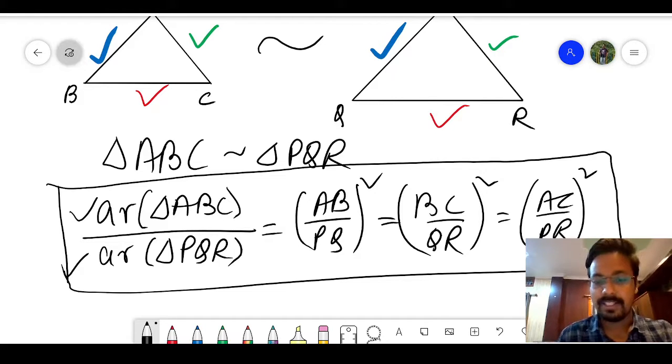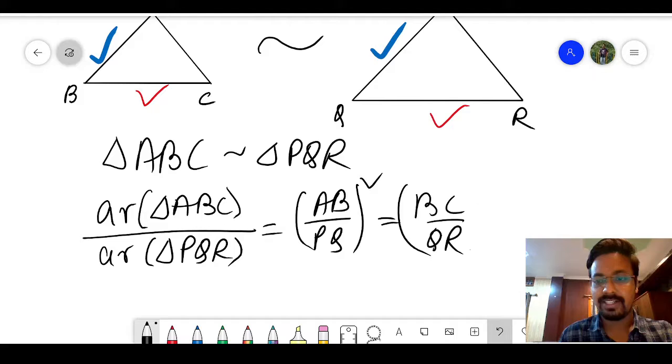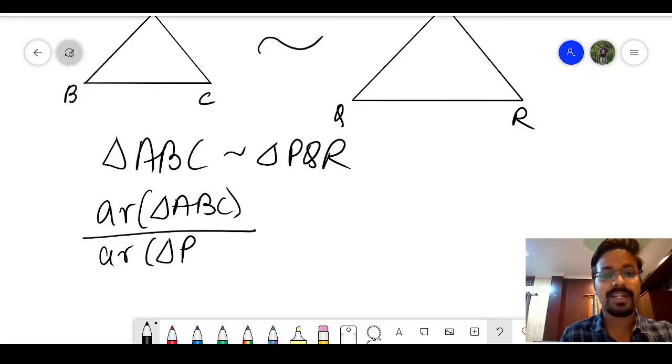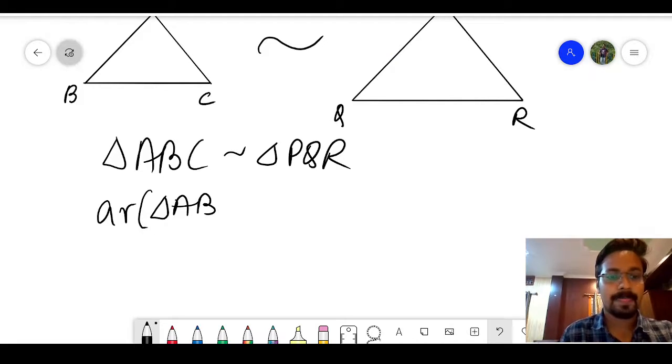Let's go back. Whatever we have written, let's erase this, and we will consider these two triangles, triangle ABC and PQR, and keep them here for our reference.